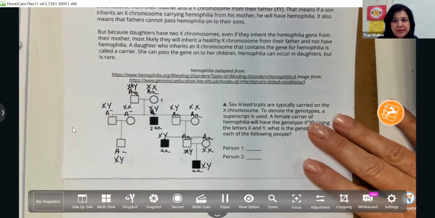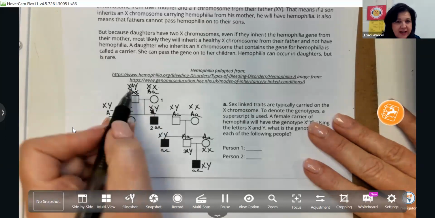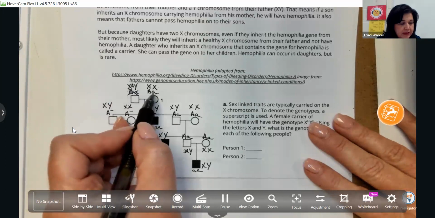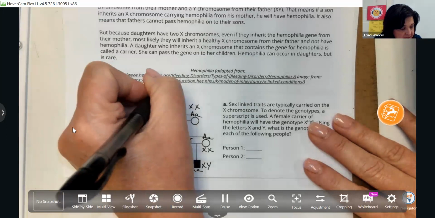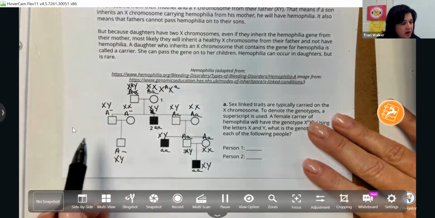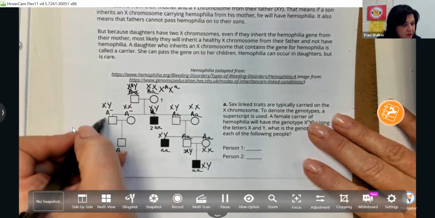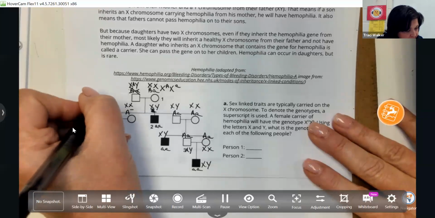So their genotype is X, capital A, Y. Instead of big A, little a, they're X, big A, Y. The females are written like this: X, big A, X, little a. So we're just going to go through here and fix the males. This male is not affected, so this male is X, big A, Y.